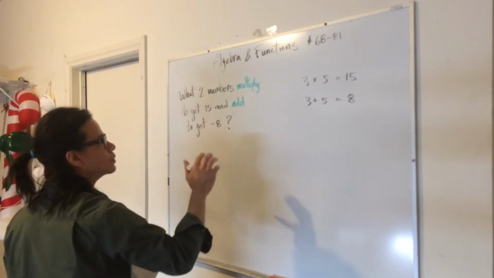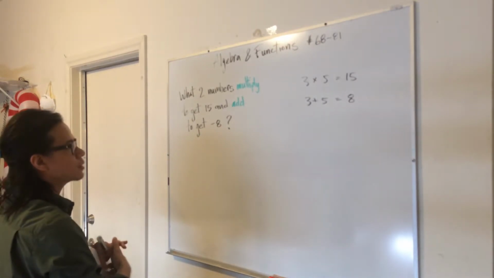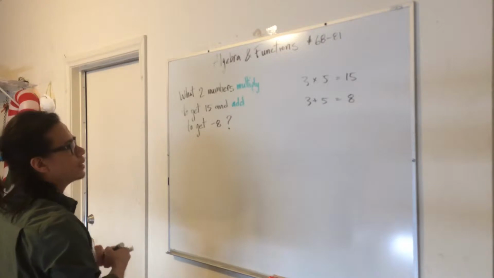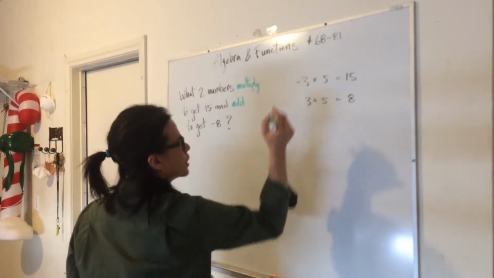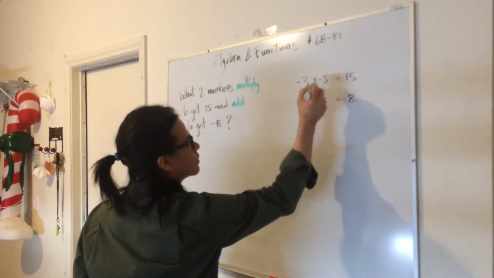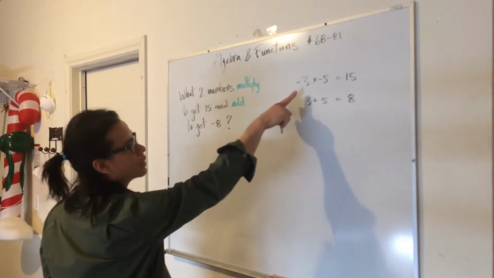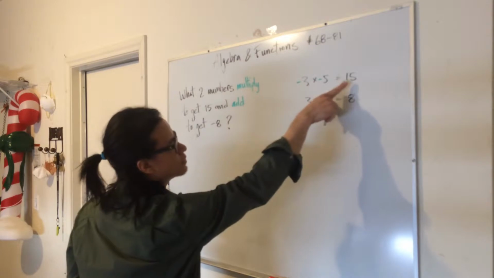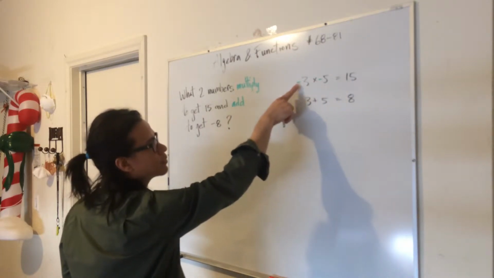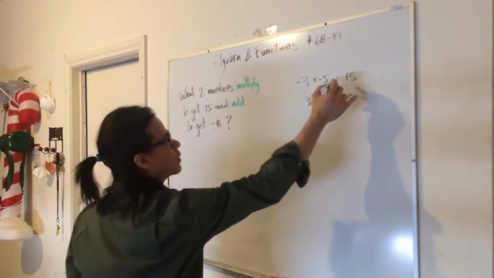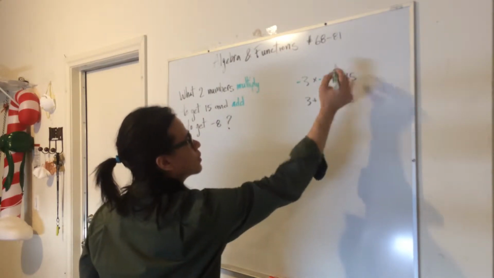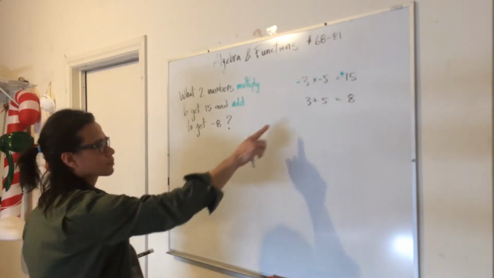So what can we do to change this situation here? We can take the negative of 3 and the negative of 5. Okay, so still 3 times 5 is 15. Negative times negative is a positive.